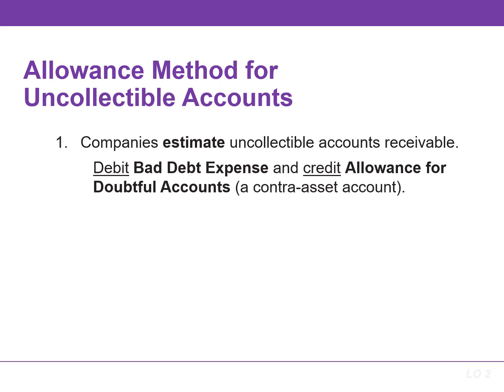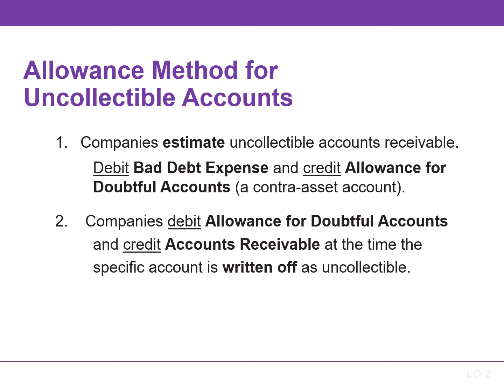The business does not wait to see which customers will not pay, but rather it records a bad debt expense based on estimates that were developed from past experience. It uses the allowance for doubtful accounts to house the pool of unknown bad debts. When a company determines an account to be uncollectible, it debits allowance for doubtful accounts and credits accounts receivable.